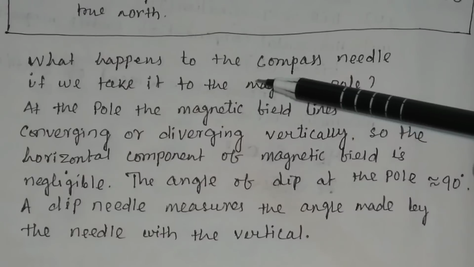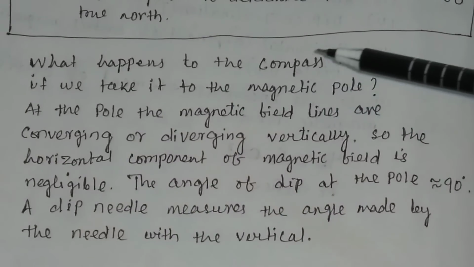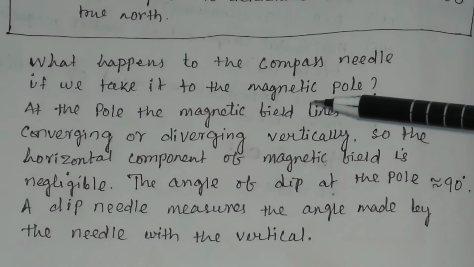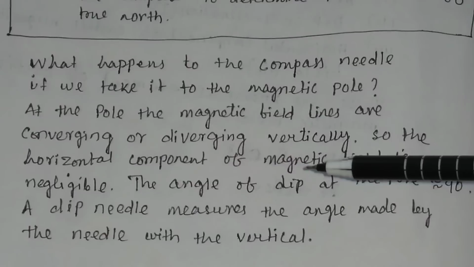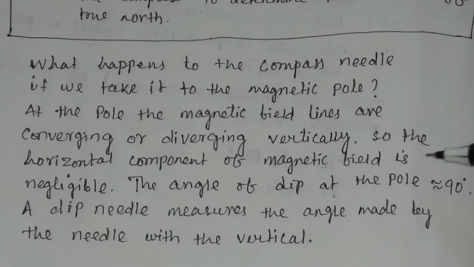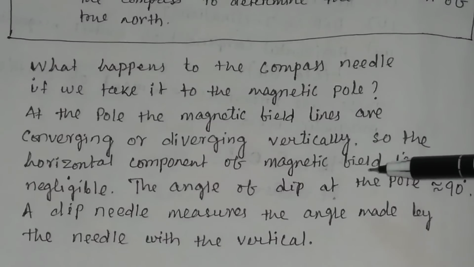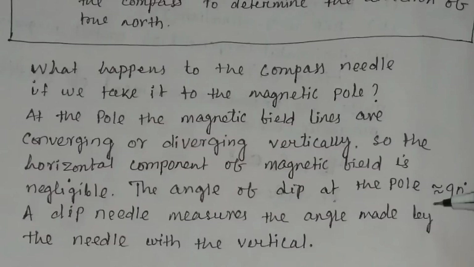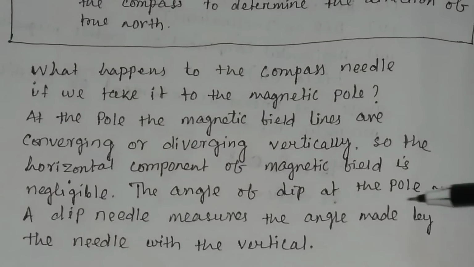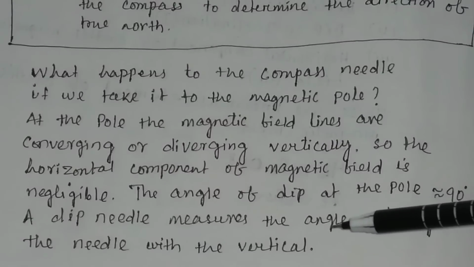Now let us know what will happen if the compass needle is taken to the magnetic pole. At the pole, the magnetic field lines are converging or diverging vertically. So the horizontal component of the magnetic field is negligible. The angle of dip at the pole is nearly equal to 90 degrees. So a dip needle measures the angle made by the needle with the vertical.